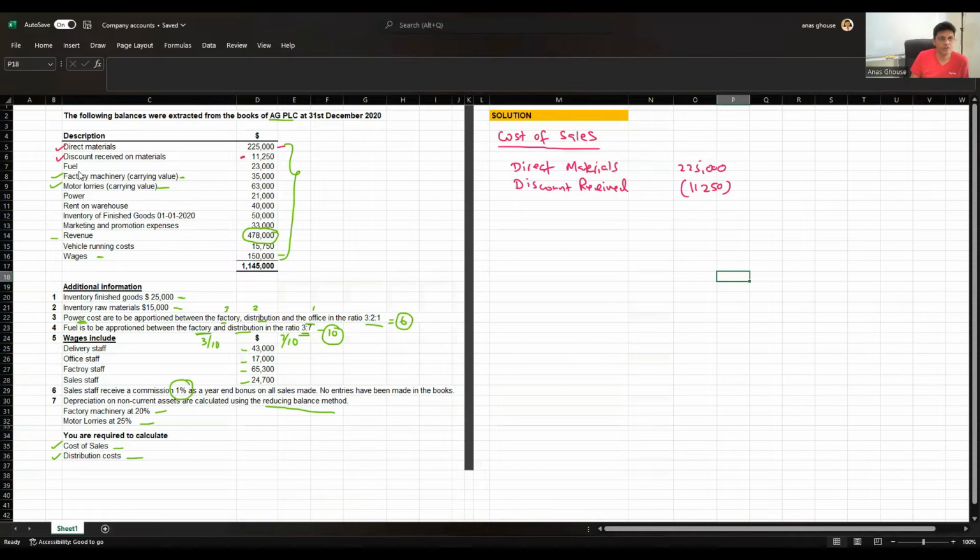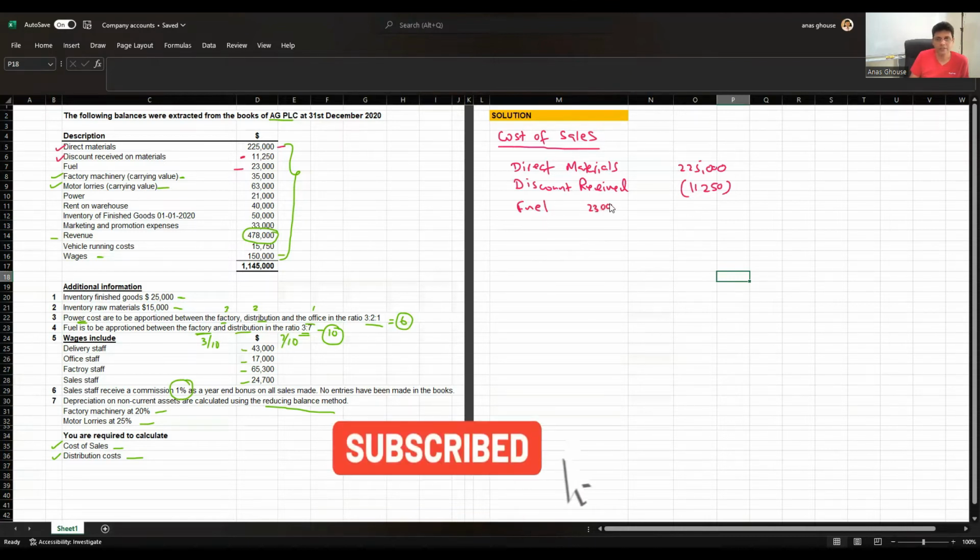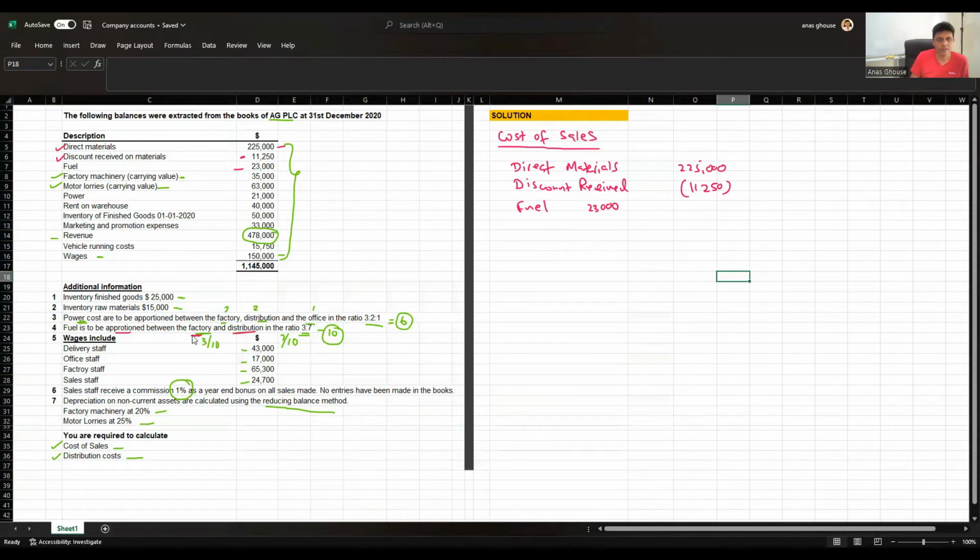Then fuel expenses, 23,000. We can't take the full amount because this cost has to be apportioned between factory and distribution. The factory cost should be under cost of sales and the distribution cost should be under distribution cost. The ratio is 3:7, so you divide by 10 and multiply by 3 for the factory. 23,000 divided by 10 times 3 is 6,900.